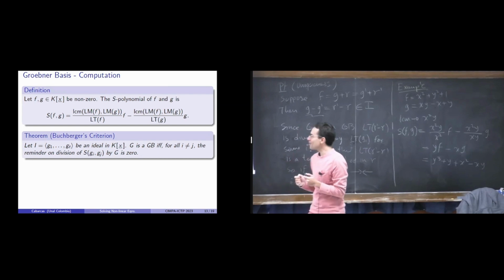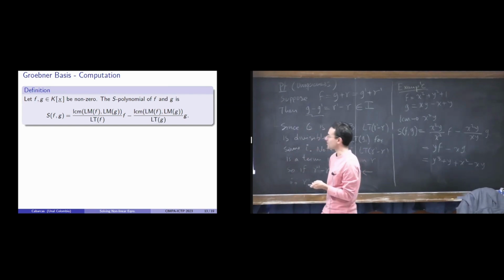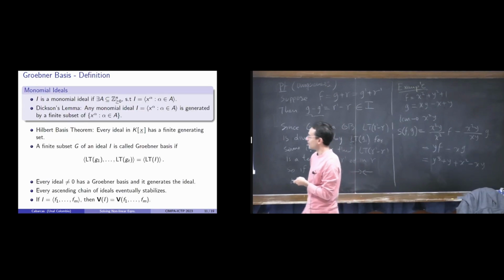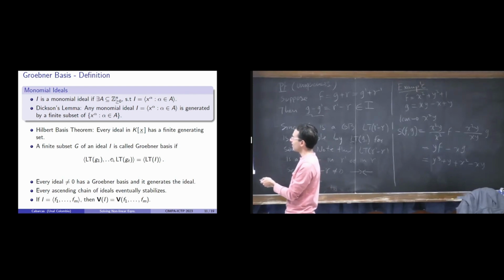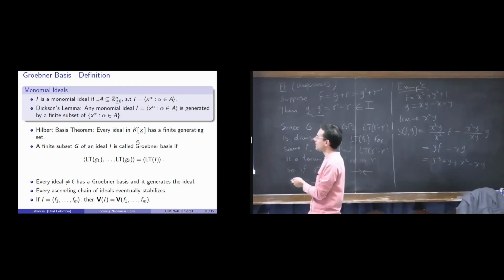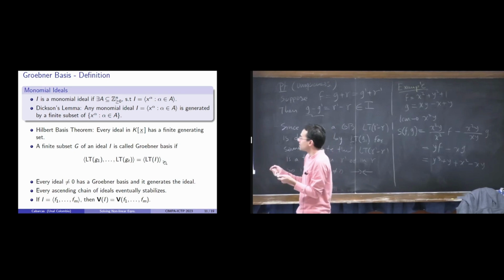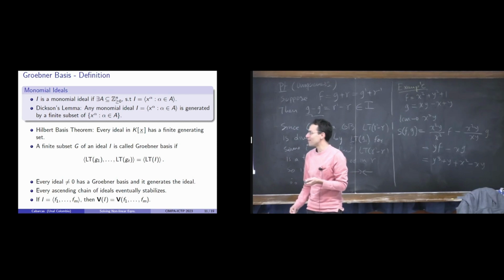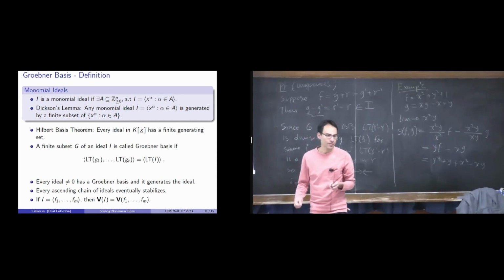So if you look back at the definition of a Groebner basis, on the right-hand side we have an infinite set, and we don't have a way to test that something is a Groebner basis. We cannot take every single element in the ideal generated by the leading terms of the ideal and see if it's generated by the leading terms of the G_i.